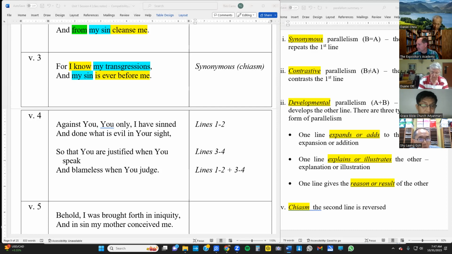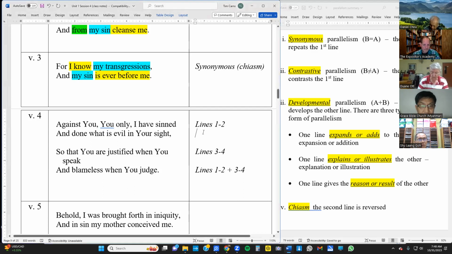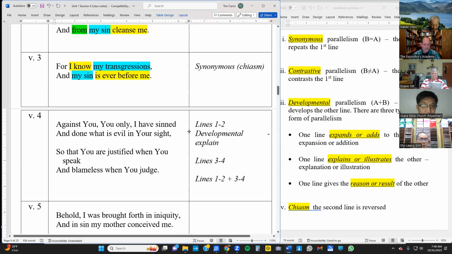So line 1 to 2 is developmental. My answer is developmental explains or illustrates, and line 3 and 4 is synonymous. Then line 1 to 2 plus 3 to 4 is the developmental result.